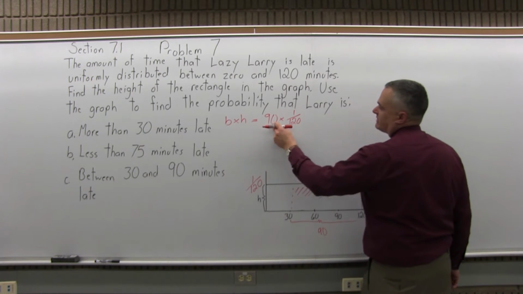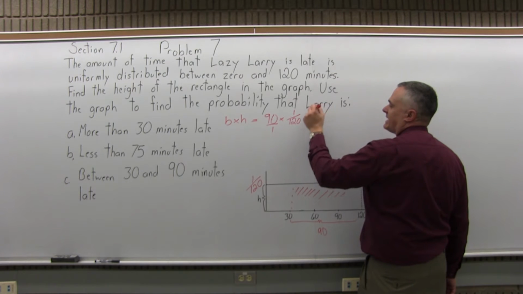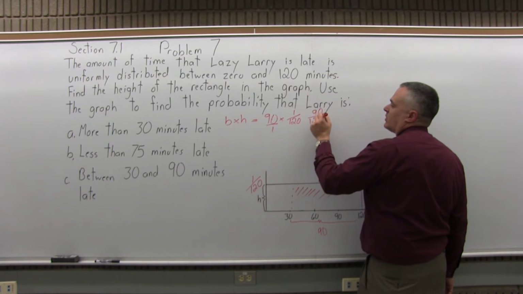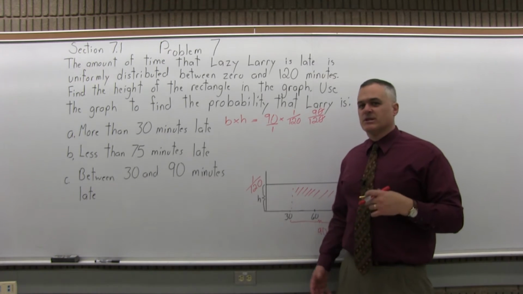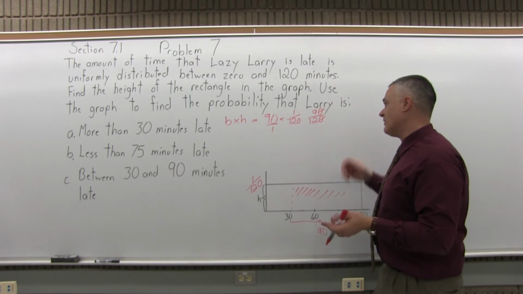So as a fraction, think of the 90 as 90 over 1. Top times top, 90 times 1 is 90. Bottom times bottom, 1 times 120 is 120. Well, you can reduce that. The answer is 90 over 120, but let's put it in a nicer form. You can first just cancel the zeros, 9 over 12.